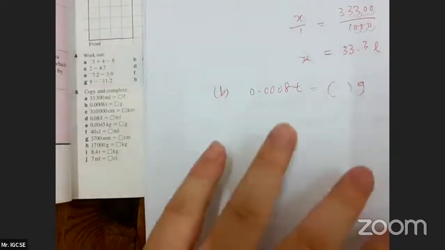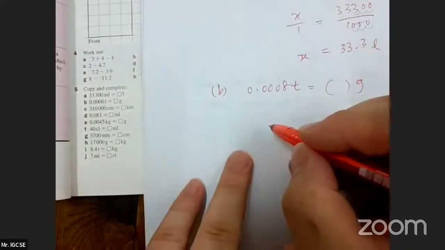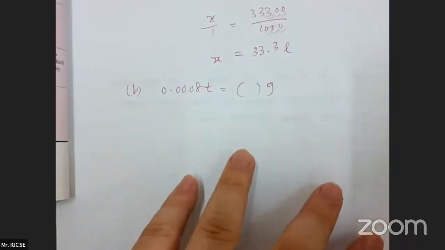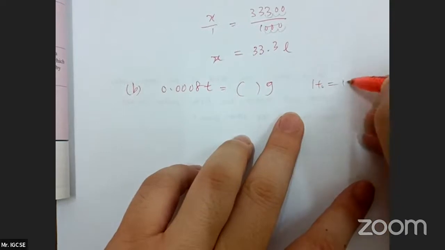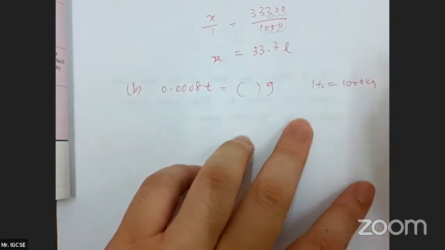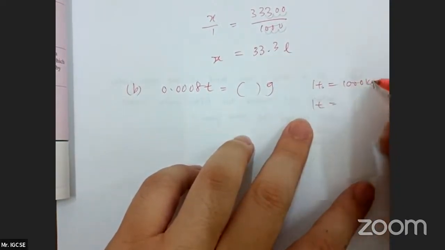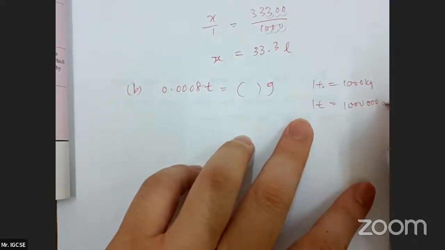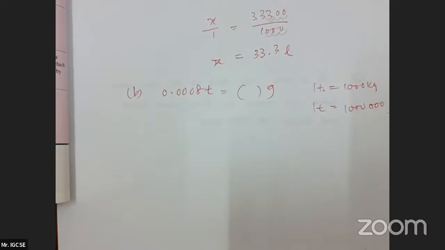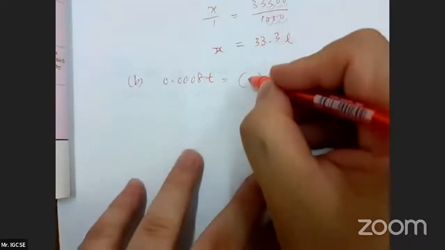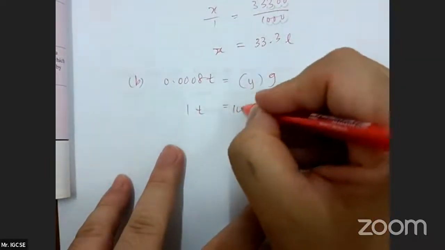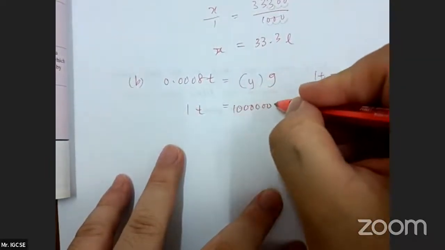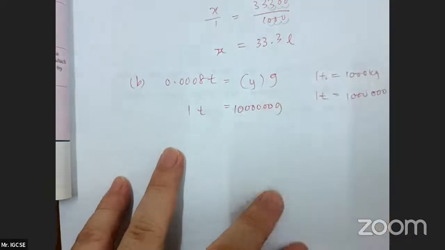So we need to do some adjustments first. 1 ton is equal to 1,000 kg, and when turned to gram, it's 1 million gram.